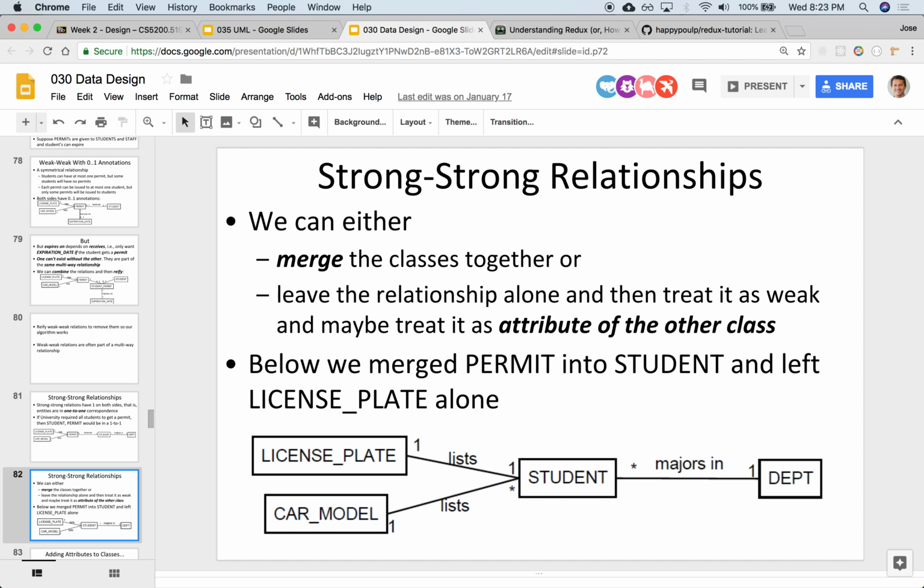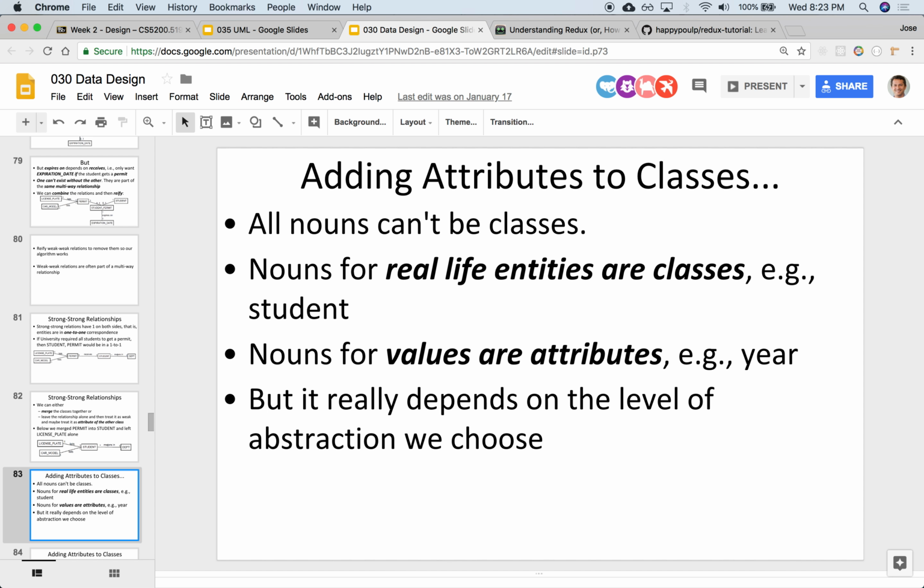And then the student would just have a reference to the license and the car. Again, you can argue both ways, whether it's enough to just capture the student and not a permit. So there you could argue both ways about attributes or classes.